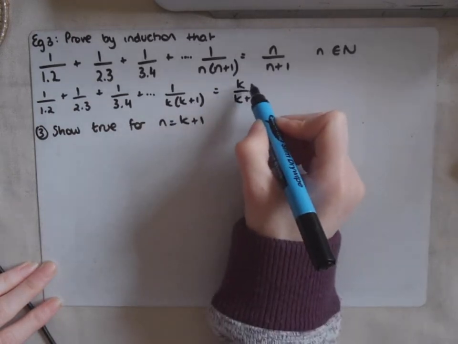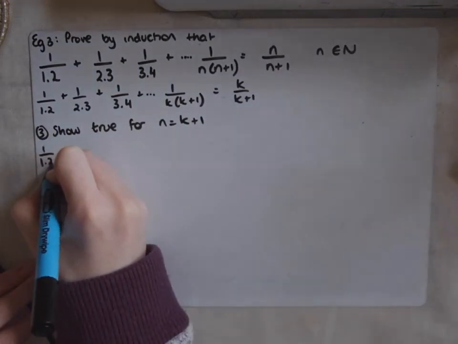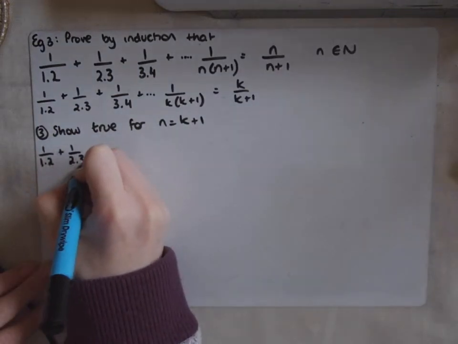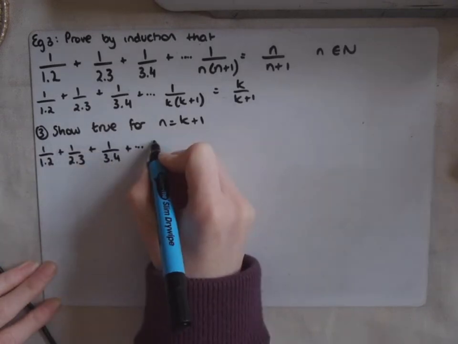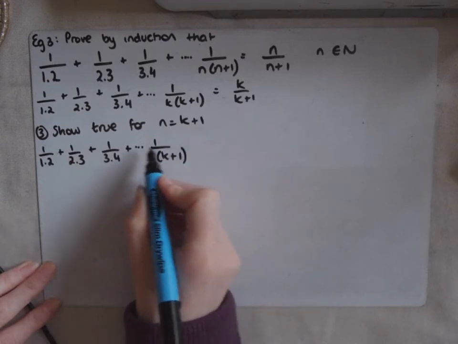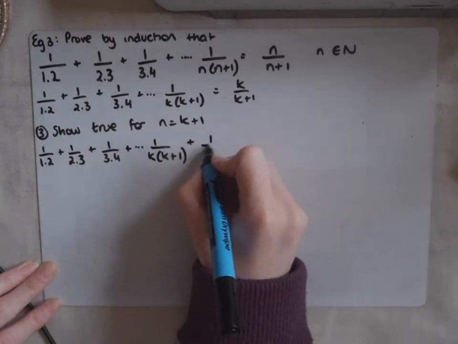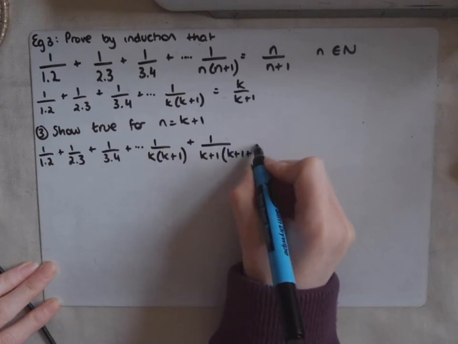And over here I'm replacing k with k plus 1. So that's what I have already, and then I'm just going to the next step, which is k plus 1 times k plus 1 plus 1.